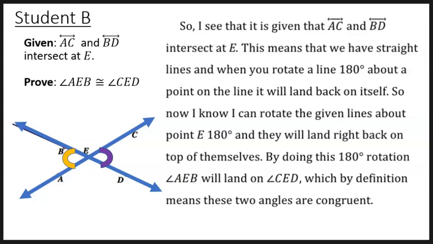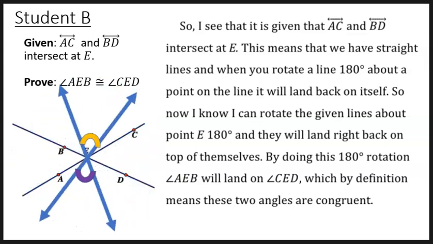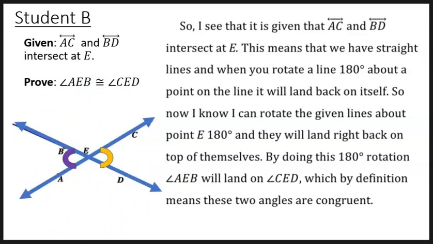They start by stating correctly that when you rotate a line 180 degrees about a point, it will land on itself. They then logically conclude that if you rotate the lines, the angles created by the intersection of the lines will also rotate 180 degrees, making the vertical angles land on top of each other when rotated 180 degrees.